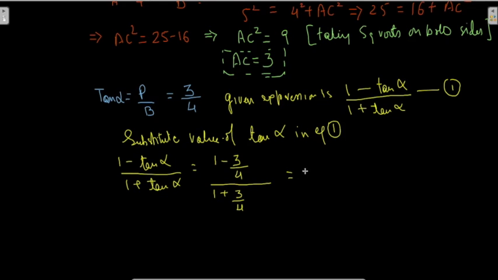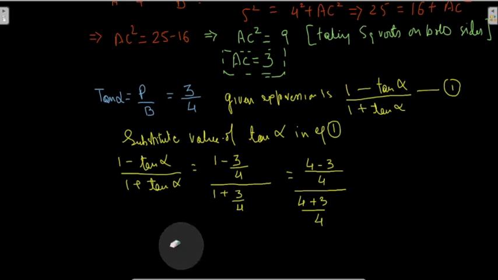This is equal to 4 comes as the LCM, so it becomes 4 minus 3 whole divided by 4, and in the denominator, 4 plus 3 divided by 4.